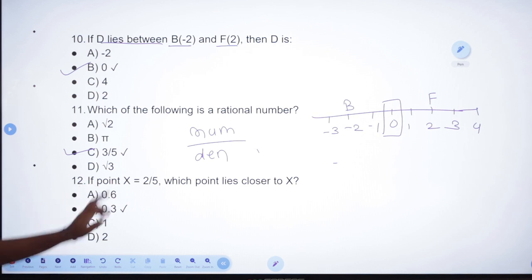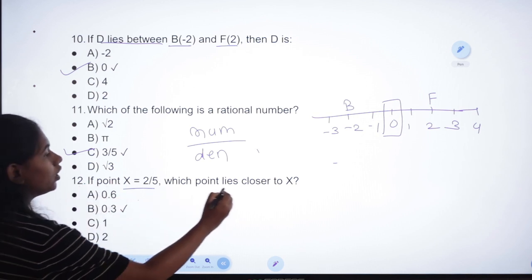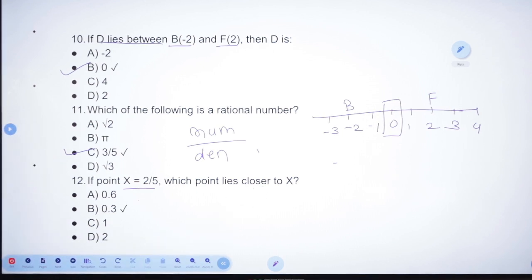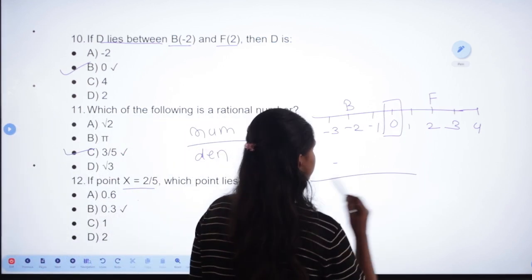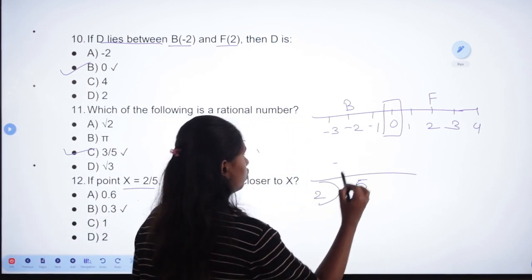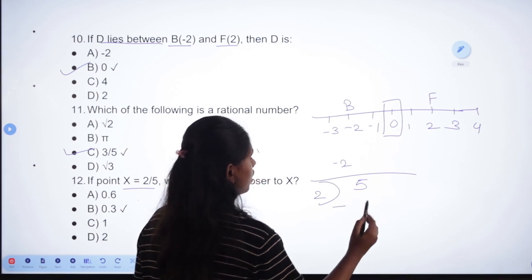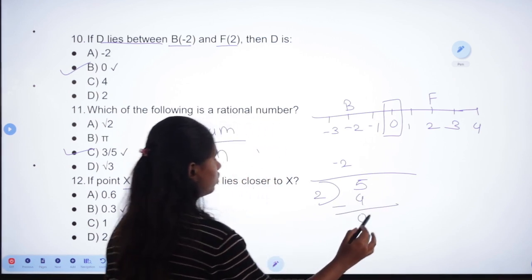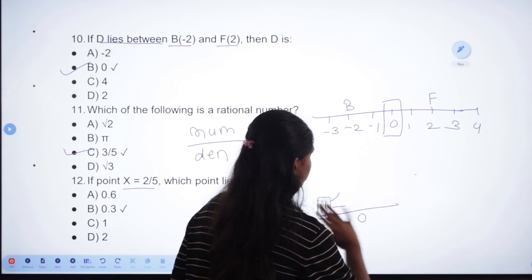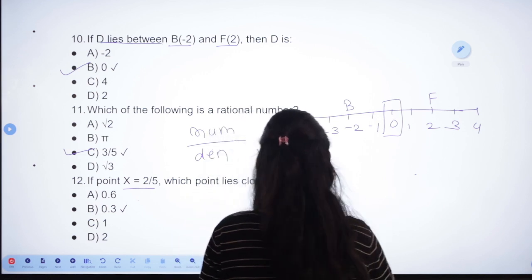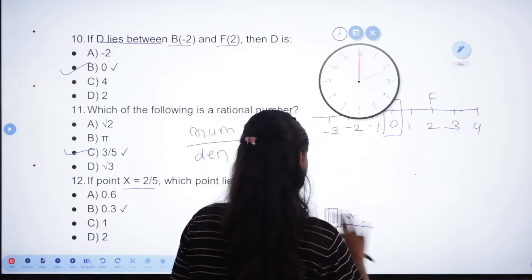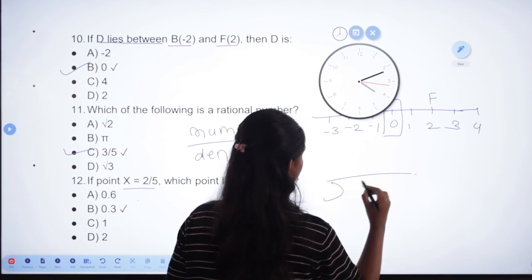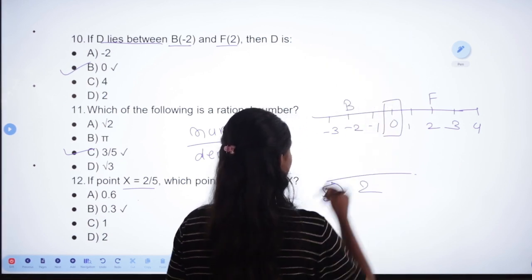Okay. The next, if point X is 2/5, which point lies closer to X? Now you can just divide. Means you have to divide 2 by 5. 2 by 5.